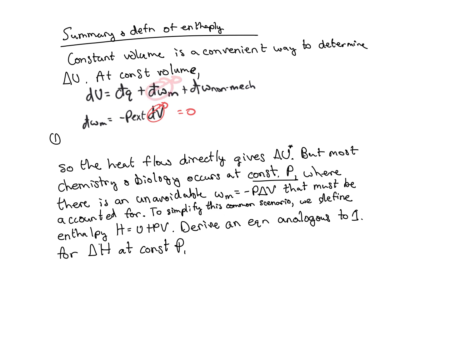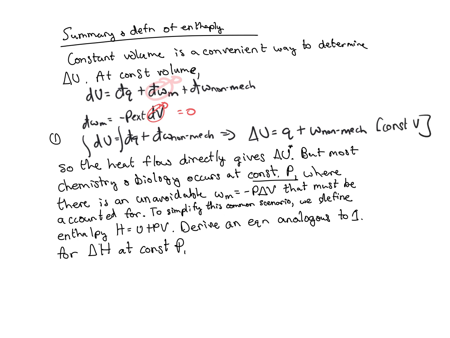So at constant volume, dU is d bar q plus d bar work non-mechanical. If I integrate both sides, I get delta U is q plus work non-mechanical.